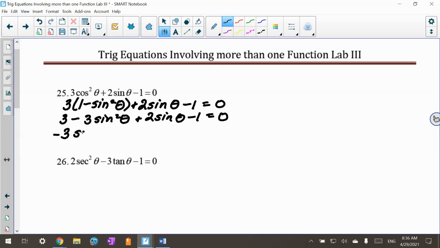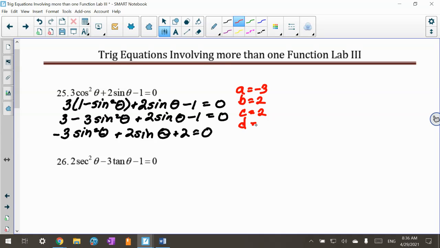So I have negative 3 sine squared theta plus 2 sine theta, and 3 minus 1 is a positive 2, and put it equal to 0. I go through and say A is negative 3, B is 2, C is 2, and when I do my B squared minus 4AC, I get 28. So I'm going to put this all in my quadratic formula.